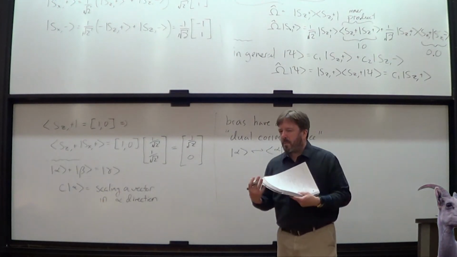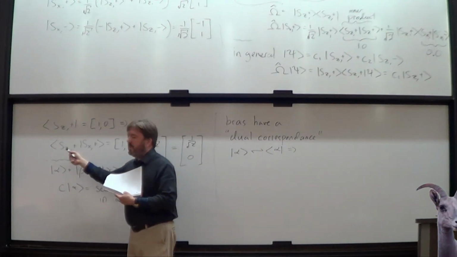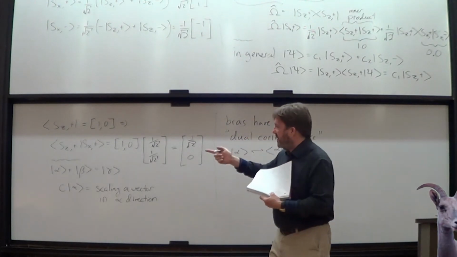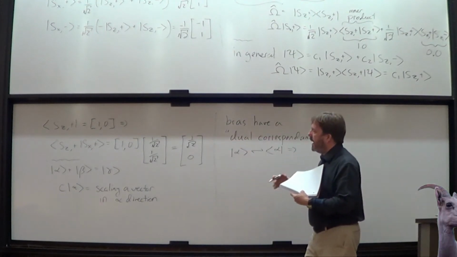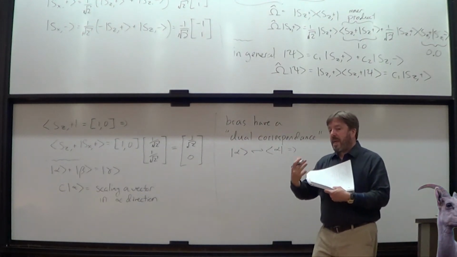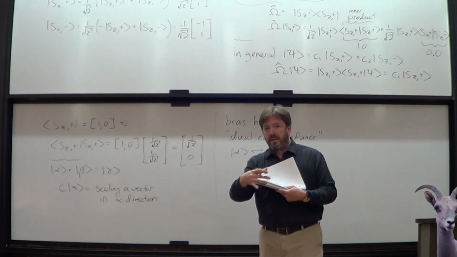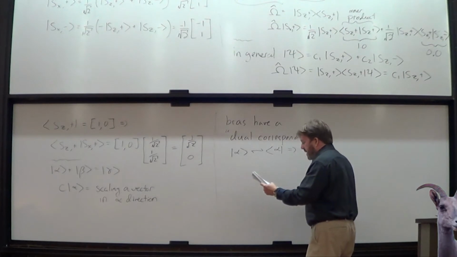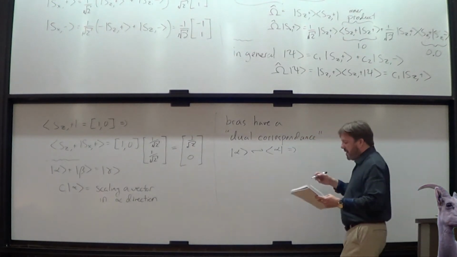You'll figure out what their purpose is, and usually it's to project a state into another state. Why you might do that, well, we have a little example in the Stern-Gerlach experiment. After you've done maybe 1,000 other examples of bras and kets working together, you'll figure out what their function is, again, by doing. So anyway, this is a representation of a dual correspondence.